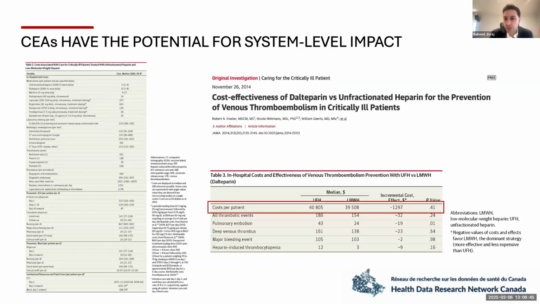In one of the most impressive cost effectiveness analysis studies to date in Canada, Fowler and the PROTECT study investigators evaluated the cost effectiveness of dalteparin versus unfractionated heparin for the prevention of venous thromboembolism in critically ill patients. Now, if you've seen this trial before, you'll know that there were no statistically significant differences in rates of thrombosis, DVT, or major bleeding.